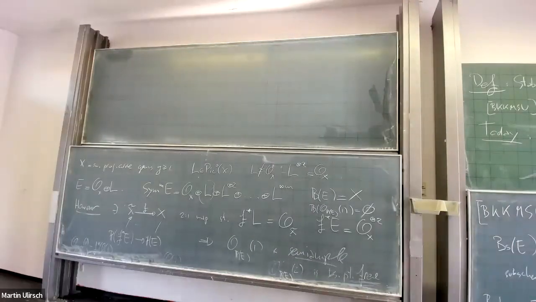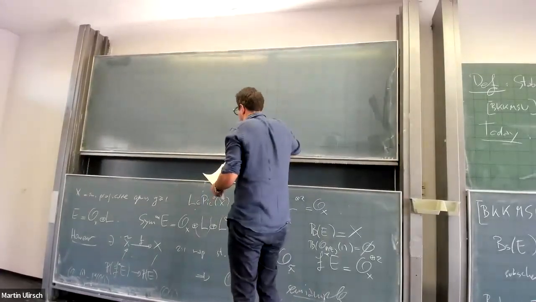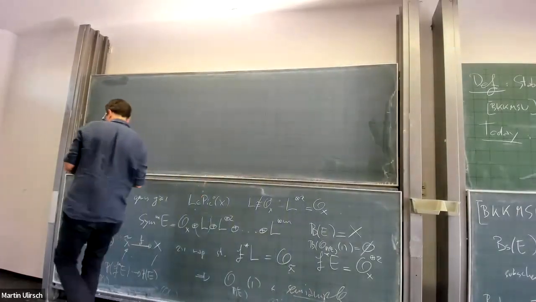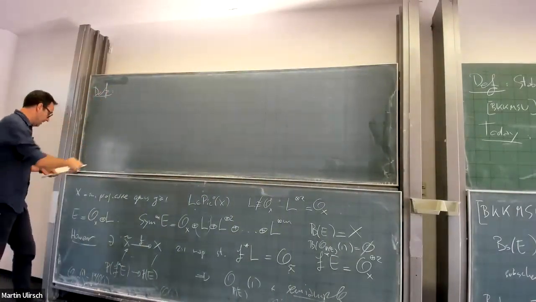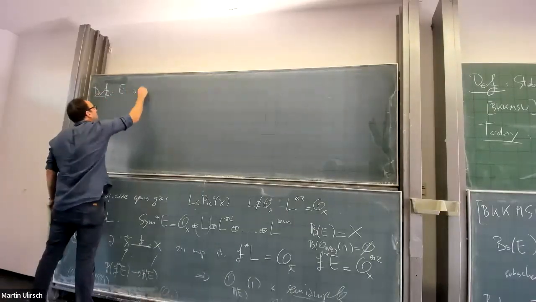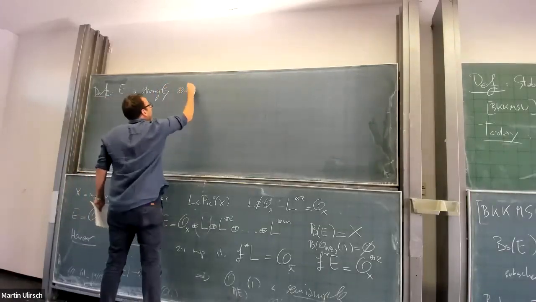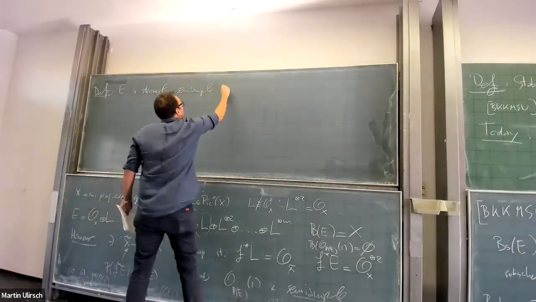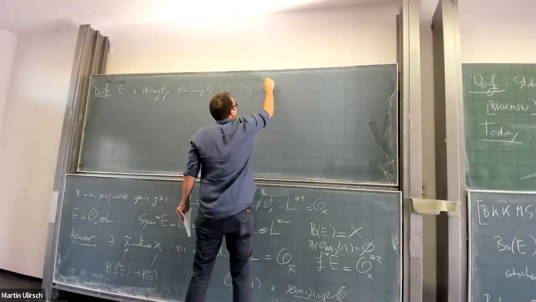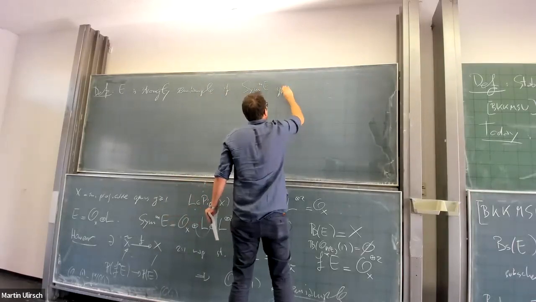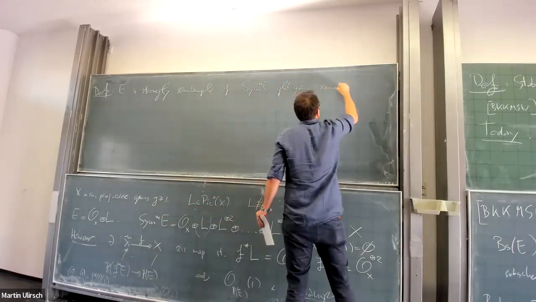We will use these as definitions. We will say that E is strongly semiample if the symmetric power of E is globally generated for some positive n.